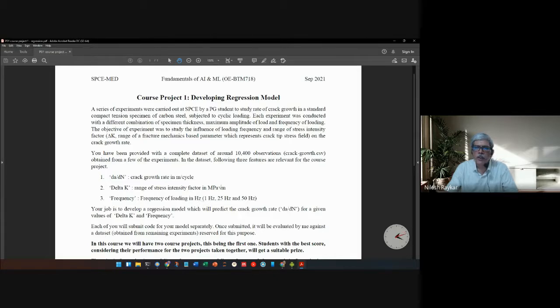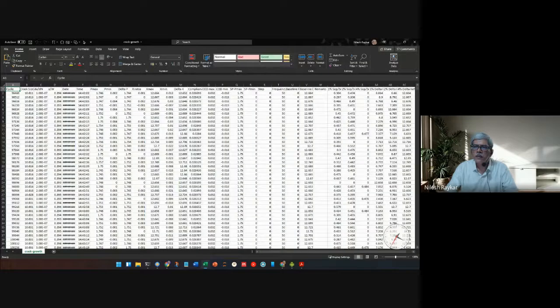For this particular model, the data is about 10,400 samples, and there are different features. If you look at this data, it will look something of this type.